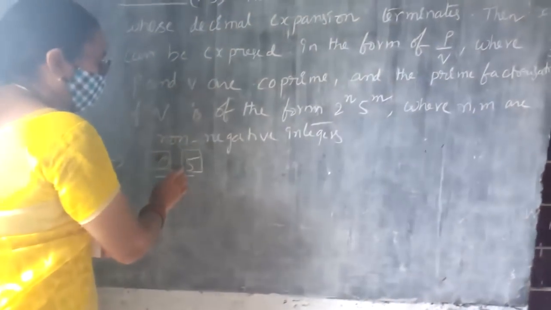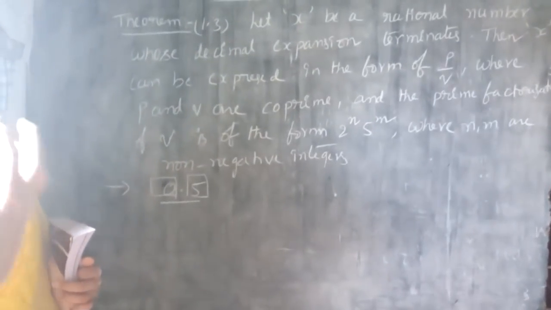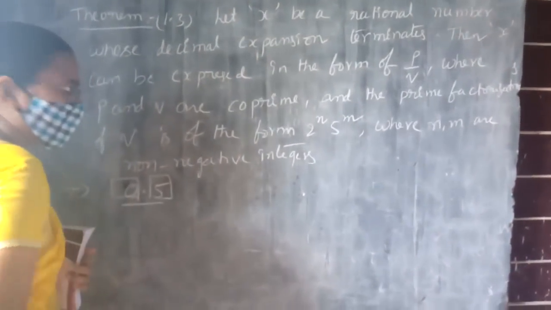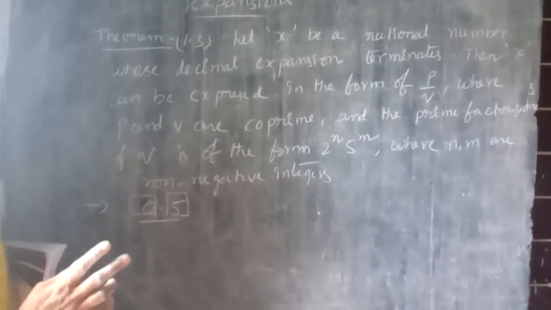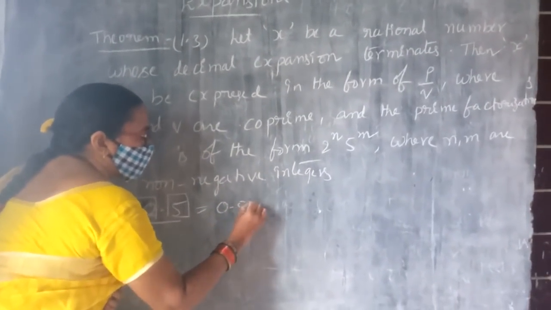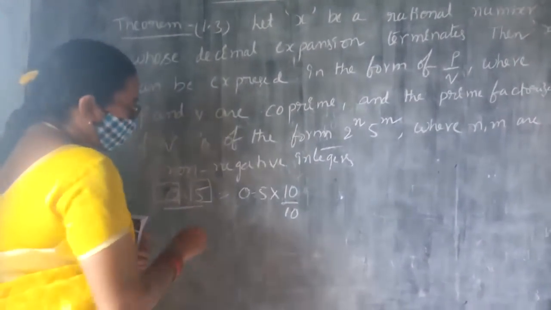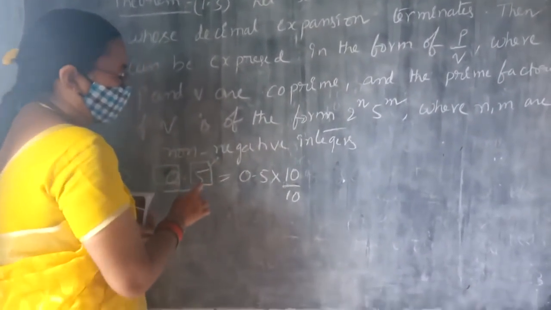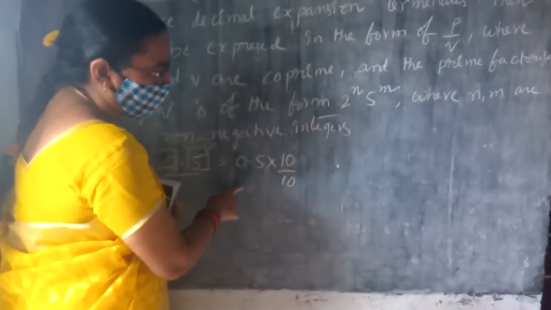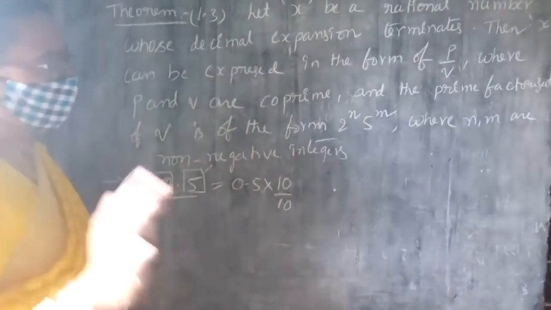Okay, 0.5. How can we change this decimal number into a rational number? How many decimal digits are there? 1. So we can multiply 0.5 by 10. The number of digits in the decimal part, we use that number of tens for multiplying this decimal number to convert it into a rational number.